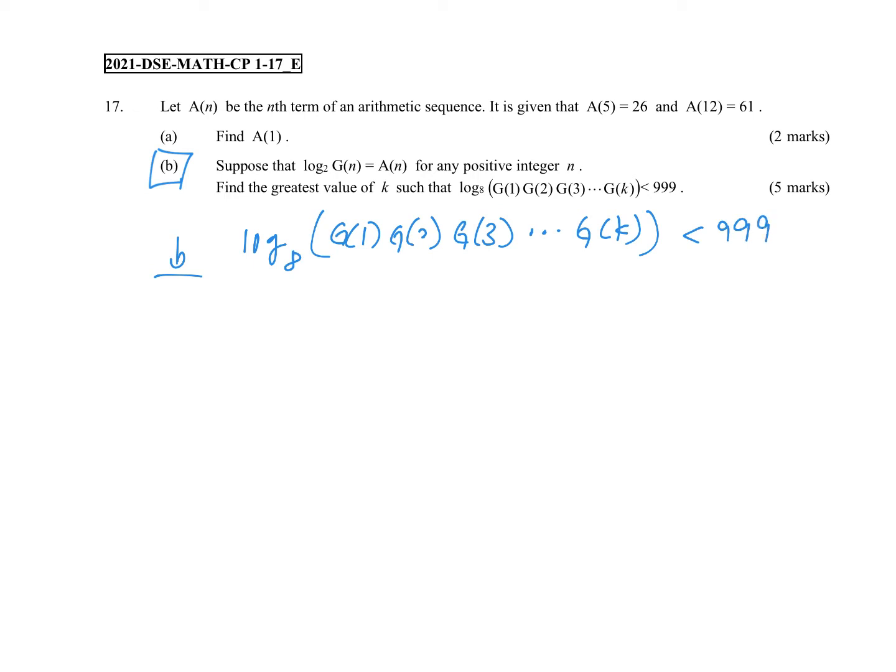Now here we need to relate g and a. We need to relate the two sequences using this equation: log g_n to the base 2. Here be careful, this is base 2 and this is base 8. So of course the next thing we need to use will be the change of base formula, changing base 8 into base 2.